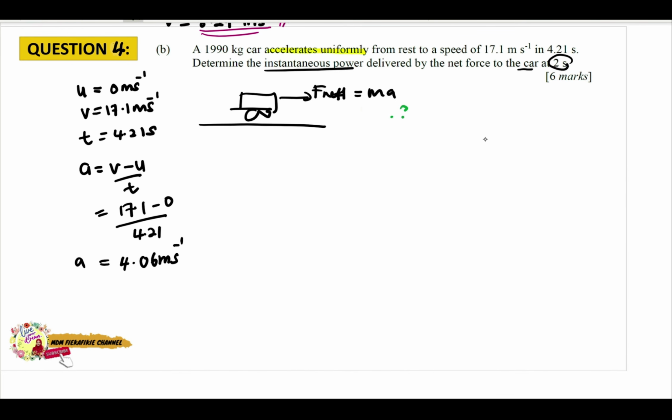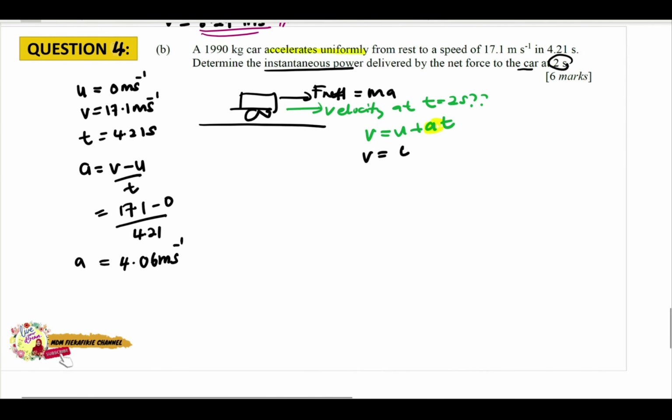Okay. So kita kena tahu berapa. What is the velocity? Okay, what is the velocity at T is equal to 2 seconds? Kita tak tahu. Dia accelerate uniformly. But at T is equal to 2 seconds, what is the velocity? So we can calculate by using this equation. That's why we need to calculate what is the acceleration. Okay.